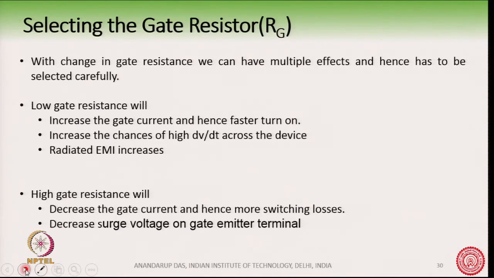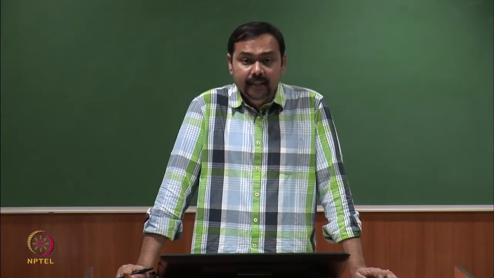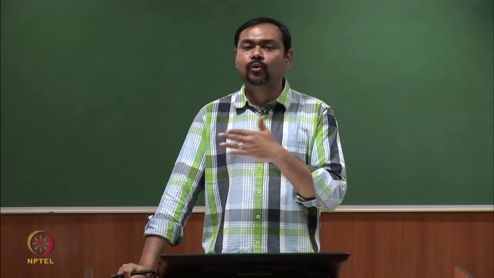So, we see that the gate resistor Rg has multiple effects, and it has to be selected very carefully. So far we have only seen that if you have a low gate resistance, then we can increase the gate current. Of course, if the resistance is low, we can allow more current to flow and we can have a faster turn on. Okay.